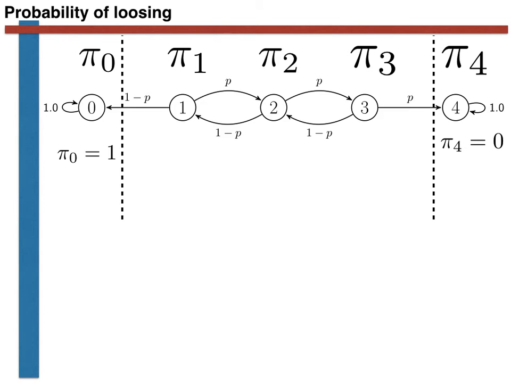Let's now turn to the calculation of π1, π2 and π3. We can make progress in calculating these quantities by recalling the partition theorem that we learnt about when we were first studying conditional probability.